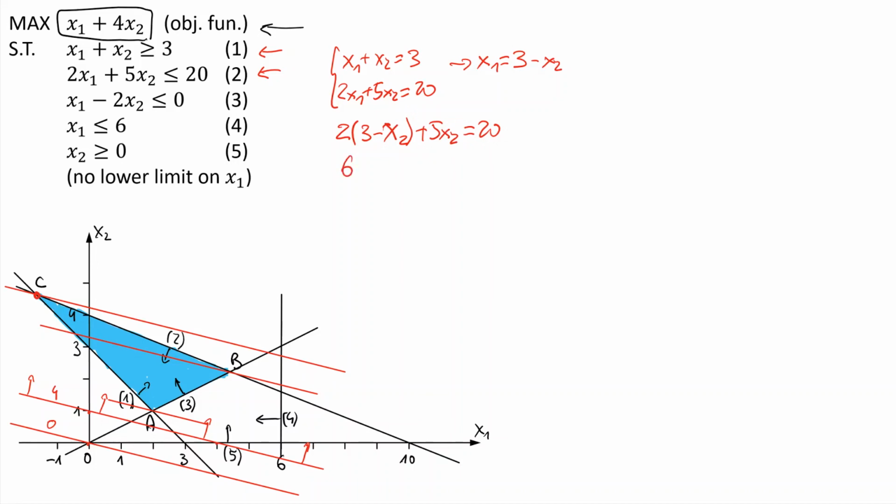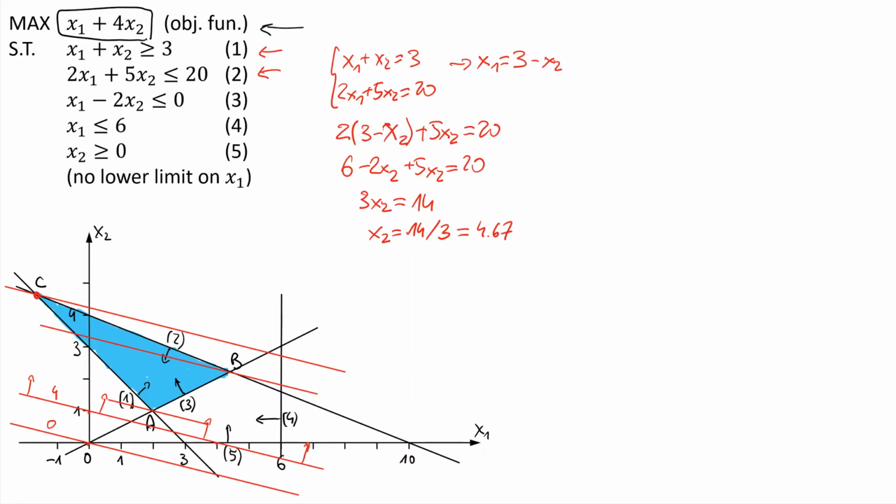So that's 6 minus 2x2 plus 5x2 equals 20. So this is 3x2 equals 20 minus 6, that's 14. So x2 equals 14 over 3, which is 4.67, slightly rounded.